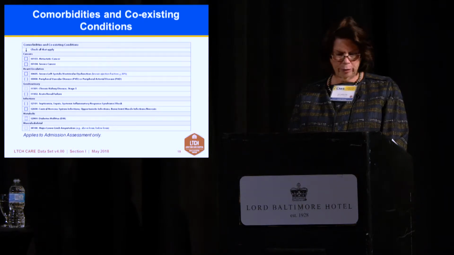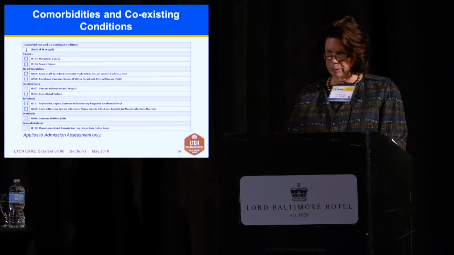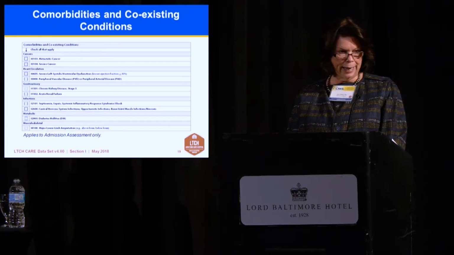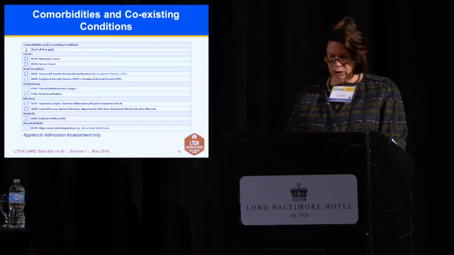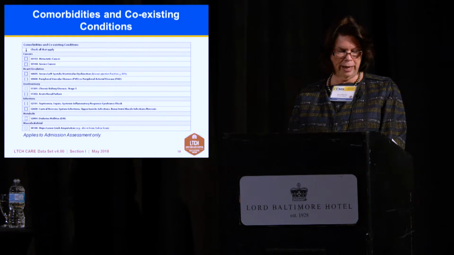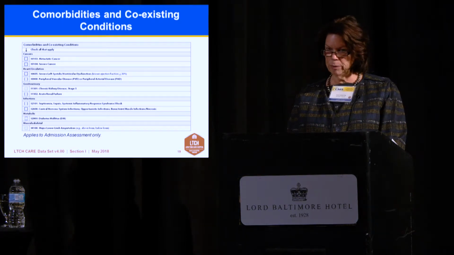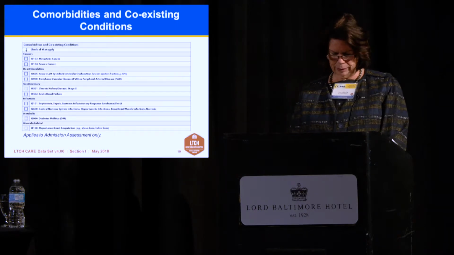You should code diseases or conditions that have a documented diagnosis at the time of the assessment and are active and, as previously stated, have a direct relationship to the patient's current functional, cognitive, mood, or behavior status, medical treatments, nurse monitoring, or risk of death at the time of assessment.